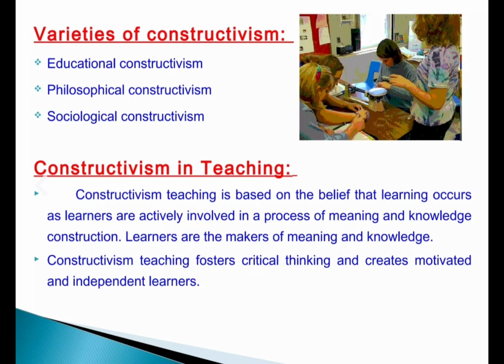There are many types of constructivism, and these are: first, educational constructivism; second, philosophical constructivism; and lastly, sociological constructivism. Educational constructivism, from the word itself, educational, means you are learning your prior knowledge through education, through your teacher, and through the environment of the school.